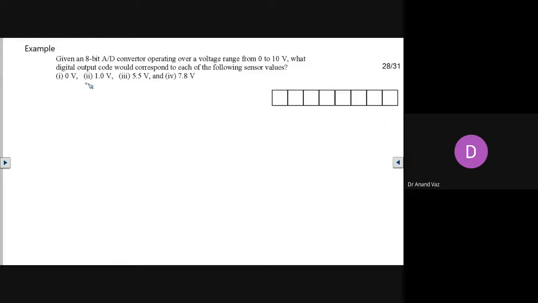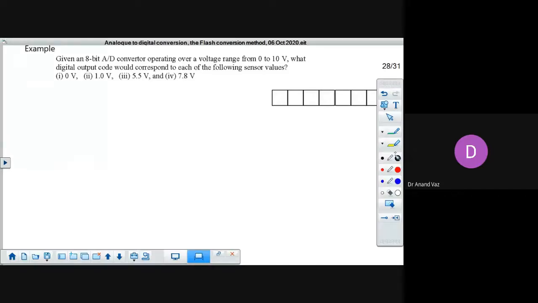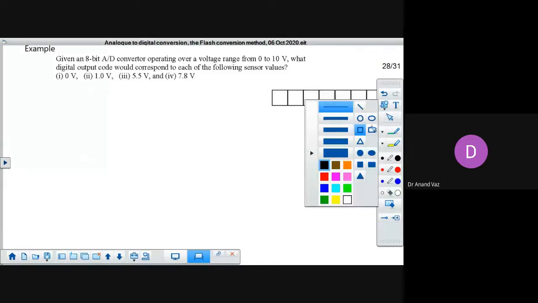Now, corresponding to each of these sampled values in the range of 0 to 10 volts, what will be the bit pattern that will be produced? This is the question. It's similar to what we have done in our lecture on the digital to analog converter as well.